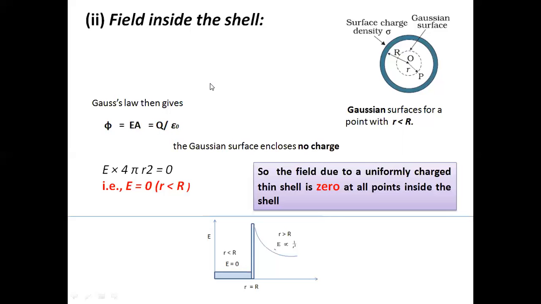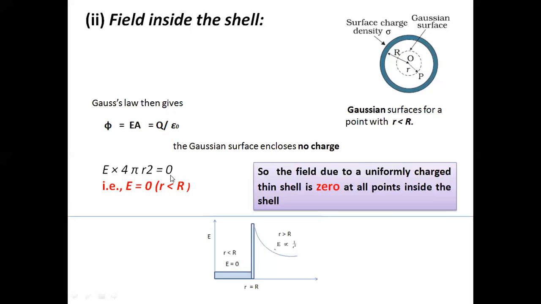According to Gauss law, flux phi is equal to EA, which is equal to Q divided by epsilon naught. The Gaussian surface encloses no charge, so Q is equal to 0, and this whole term will be 0.